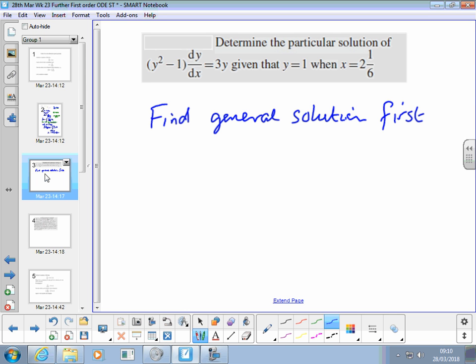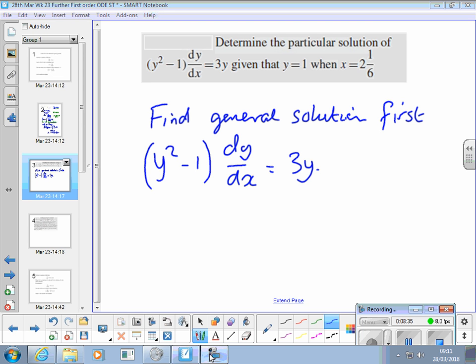We've got this function, y squared minus 1 in brackets dy by dx is equal to 3y. We know we want dx on its own. How are we going to rearrange that? Multiply by, divide by, yeah.